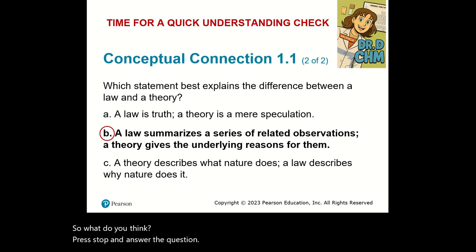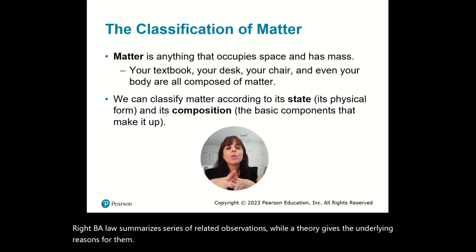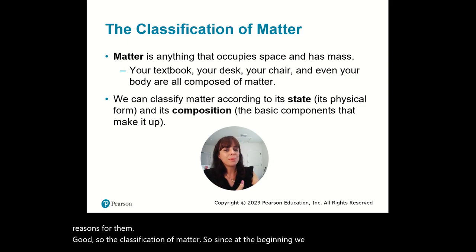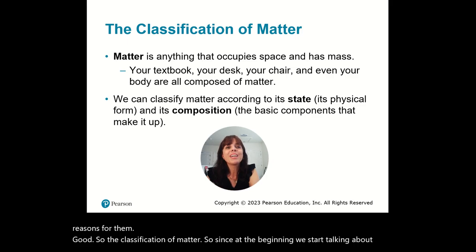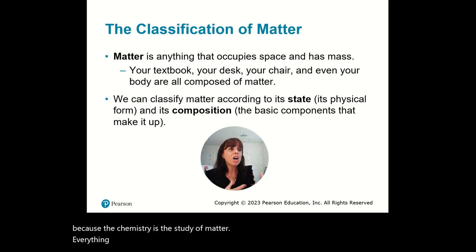Right, B. A law summarizes a series of related observations, while a theory gives the underlying reasons for them. Good. So, the classification of matter. Since at the beginning we started talking about matter, because chemistry is the study of matter. Everything that has mass and takes up space is matter.